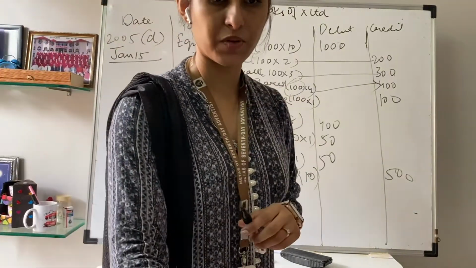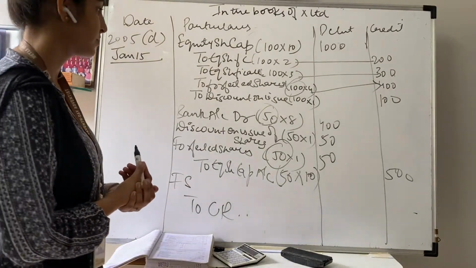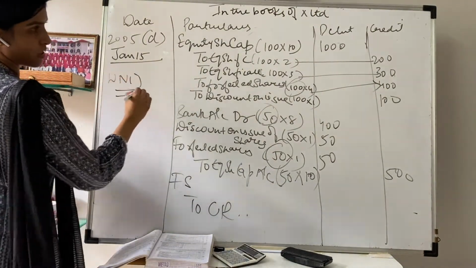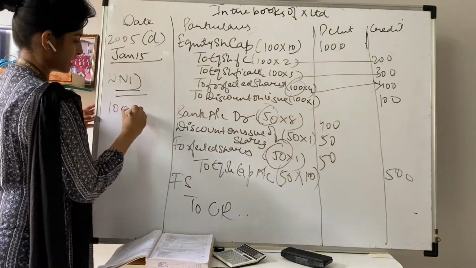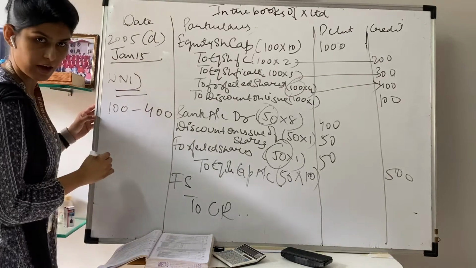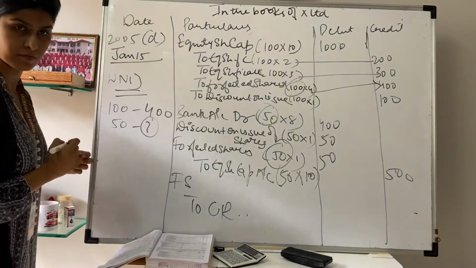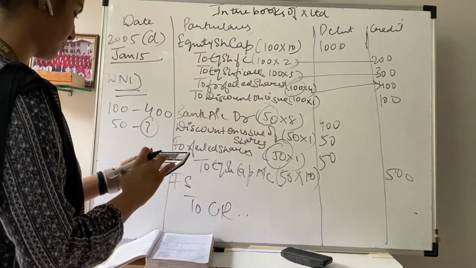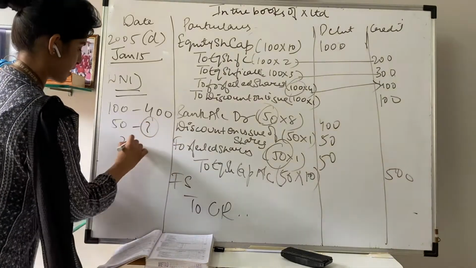Okay, Pravika, you explain this part. Dividing 400 for 100, it is 400. Agree? For 50, it will be 200.